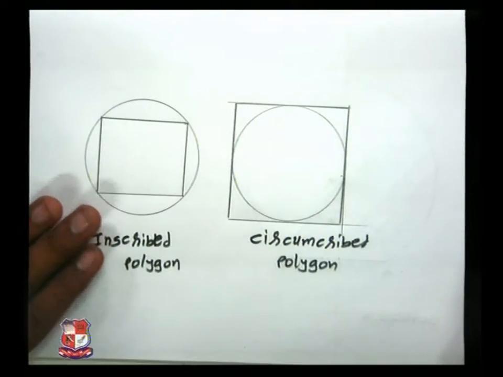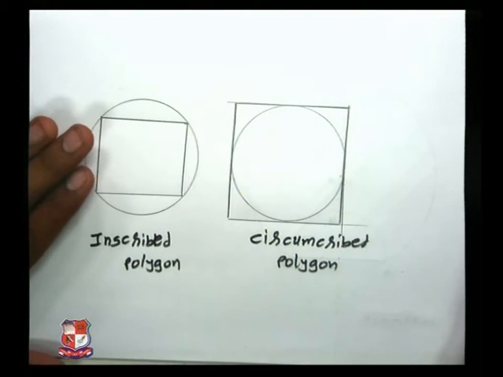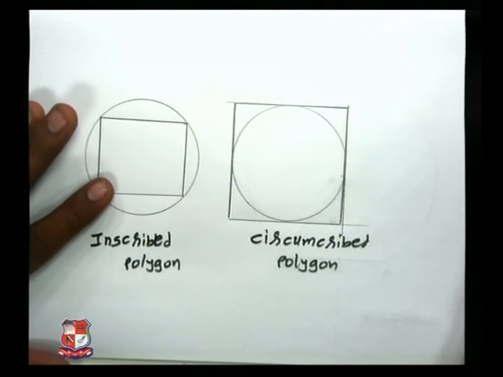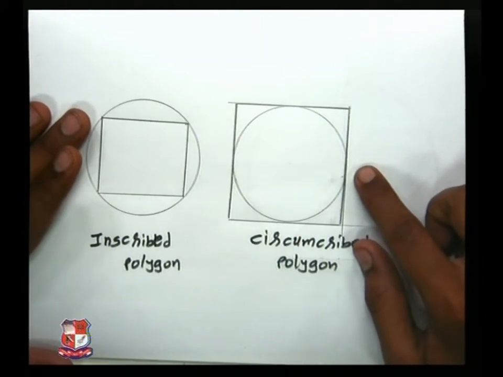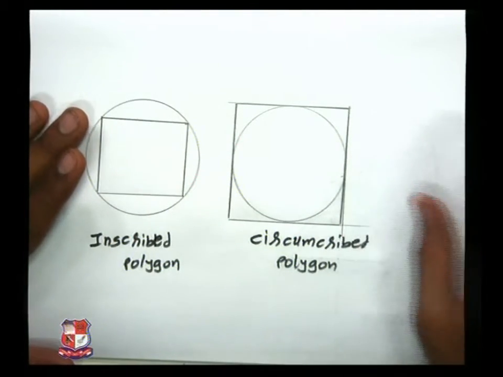This fundamental should be clear while you are drawing any sort of polygon. If the polygon is inside the circle, it is called inscribed, and if the polygon is constructed outside the circle, then it is called circumscribed.